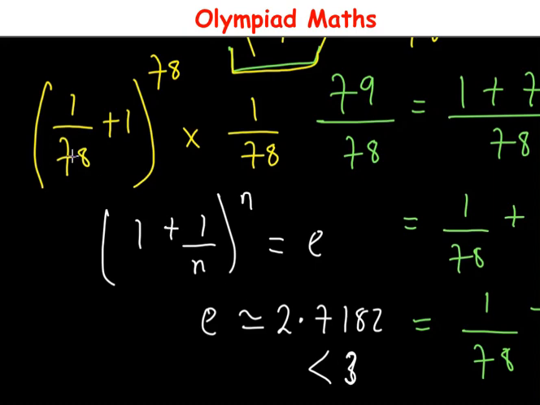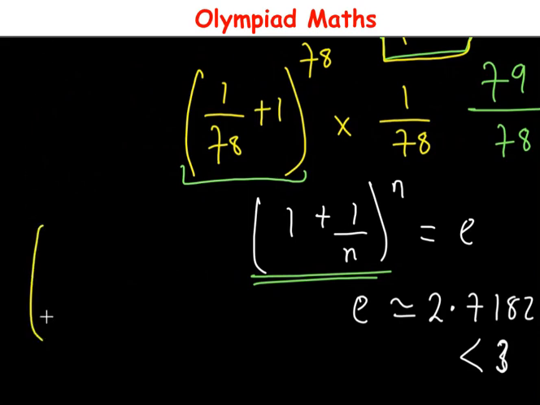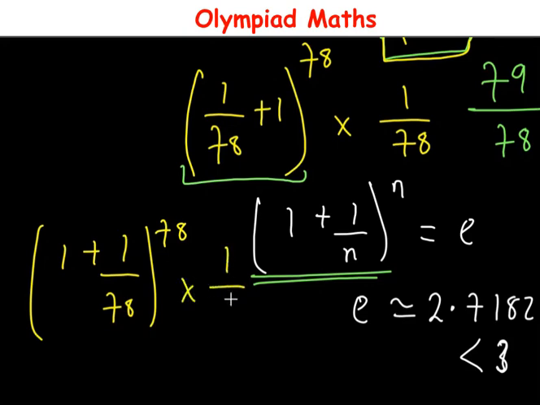So we are going to manipulate this 1 over 78 plus 1 to resemble the Euler's formula expression, so that we have in brackets 1 plus 1 over 78, raised to the power of 78, times 1 over 78. So we've made this expression resemble Euler's formula.